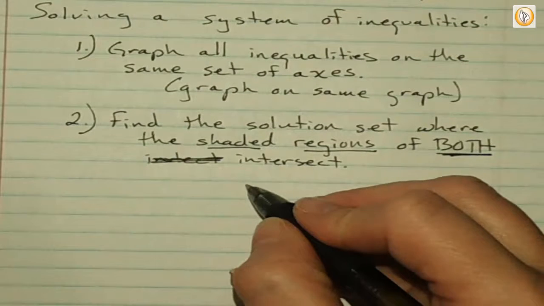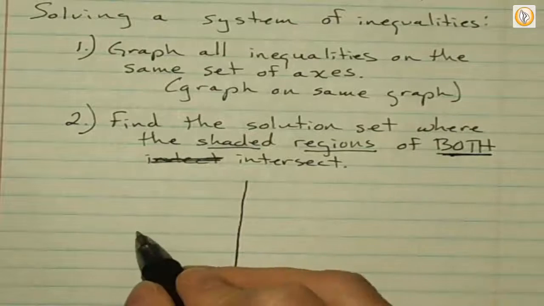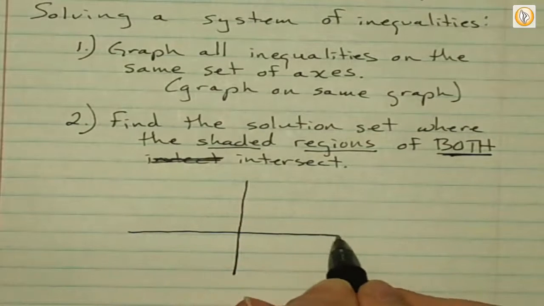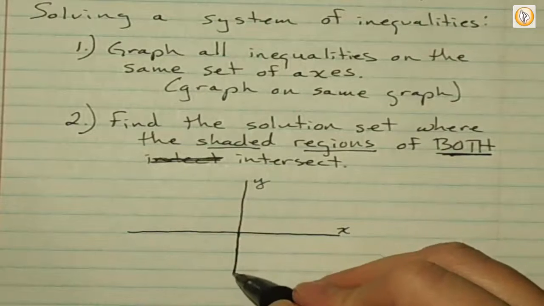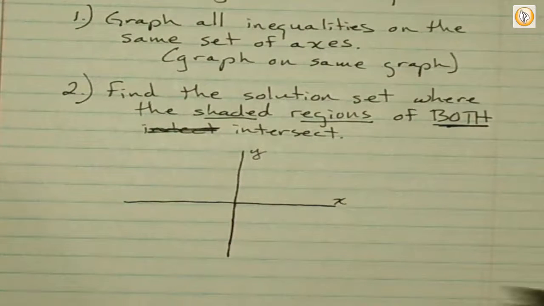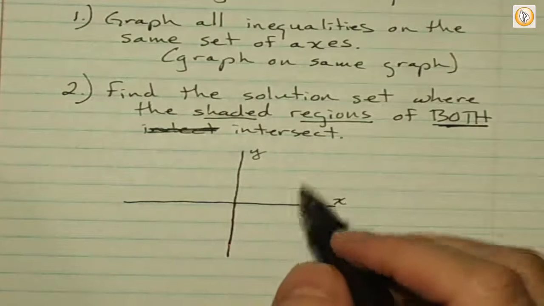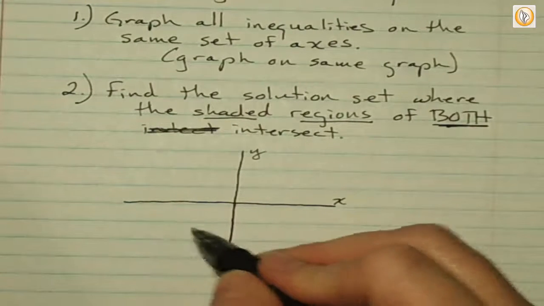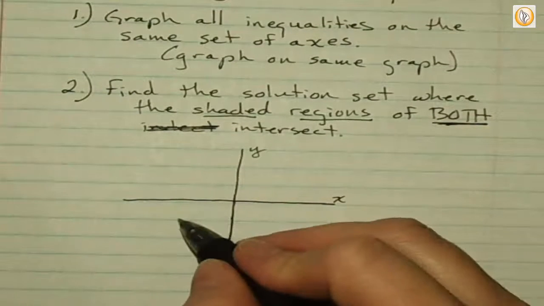All right, for example, I'm going to draw a Cartesian plane, my X and my Y. Let's say, and I'm just throwing random stuff on here, you're given two equations and you graph them.